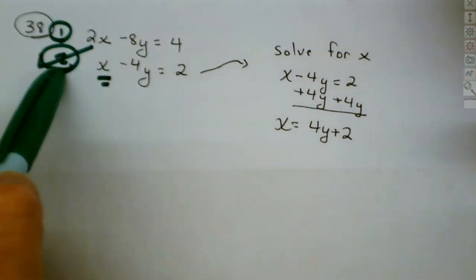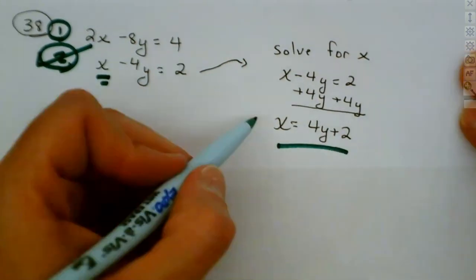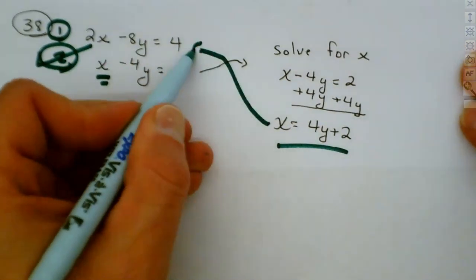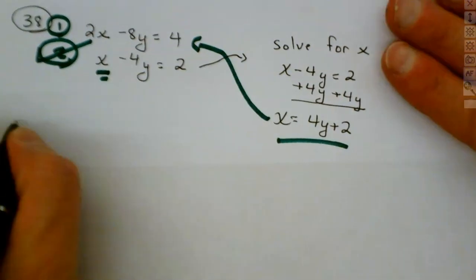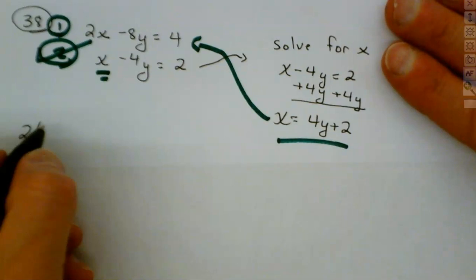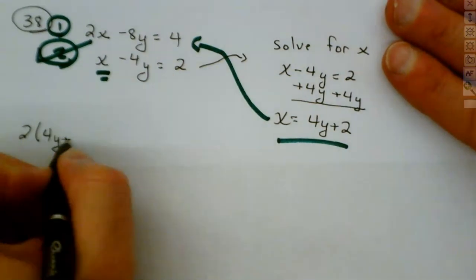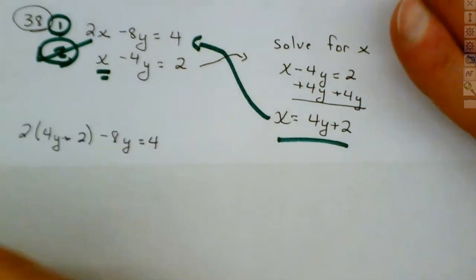Whenever I use an equation, just to keep track of things, I put a check mark by it. Which one have we not used? The first one. So what do we do with this? Plug it in. So plugging that in, that's going to be 2 times 4y plus 2 minus 8y equals 4.